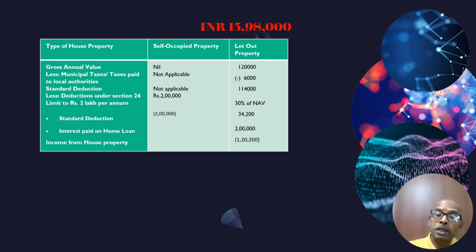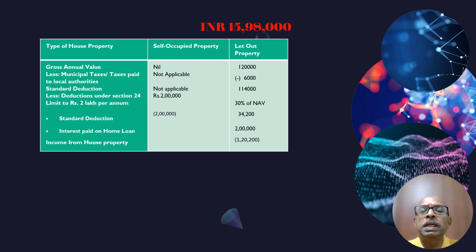Now, for let-out property, it is actual rent received or market rent or rent receivable. You can't say I have not received, it is pending. You have to pay. And normally, if the rent is very low, they can check the municipal conditions, etc., for calculating the market rent, and that will be assessed. So when we give the actual figure, nobody can have any problem.